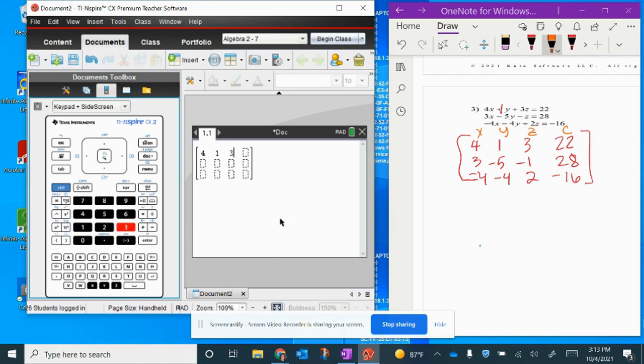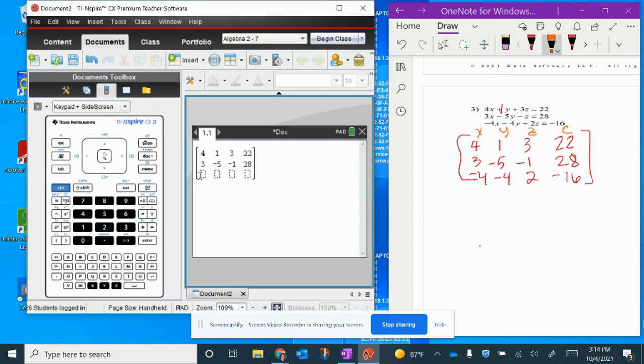So 4, 1, 3, 22, and then come down, do 3, use the negative key, which is the black key, for the -5 and the -1, and 28, and then -4, 4, -4.